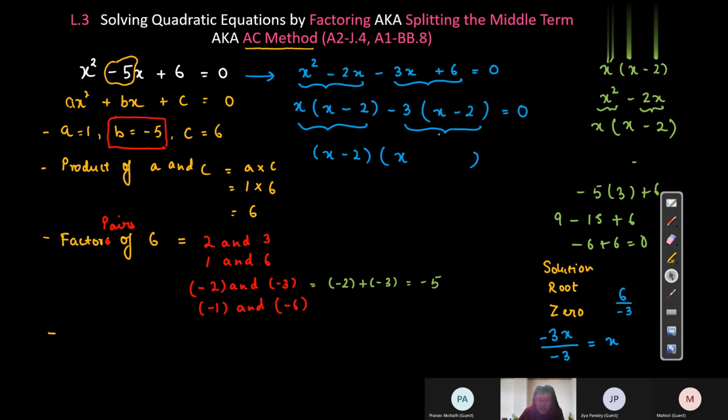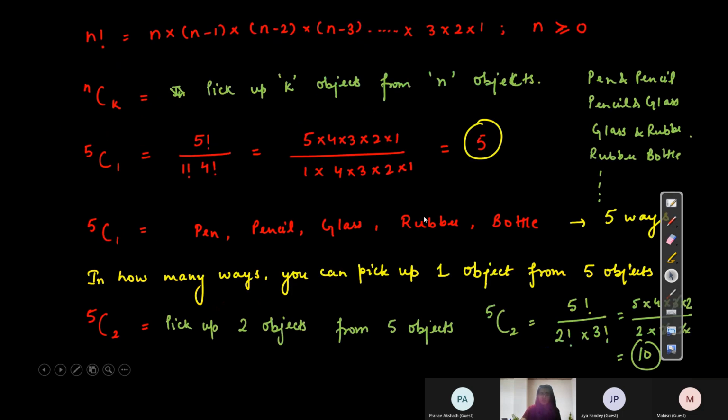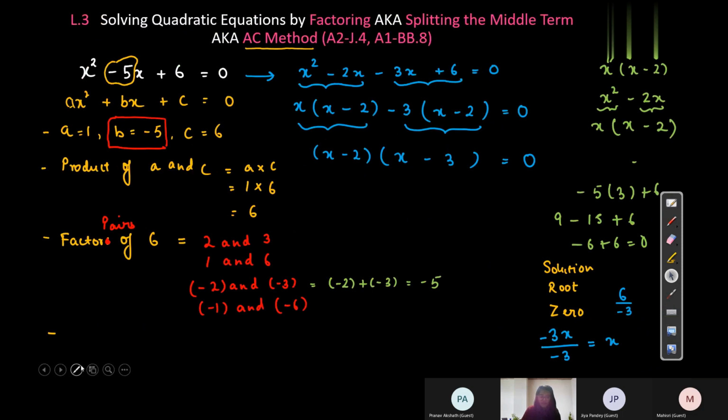So I write x like this. And if I divide this entire term by x minus 2, I will get negative 3. So again I applied reverse of distributive property. And now your work is done.